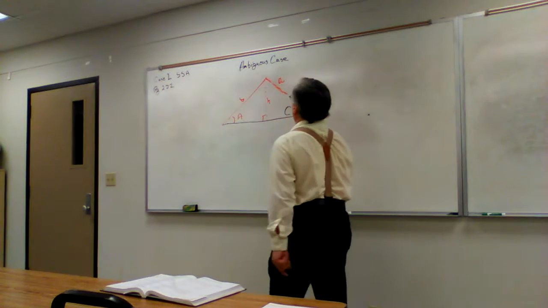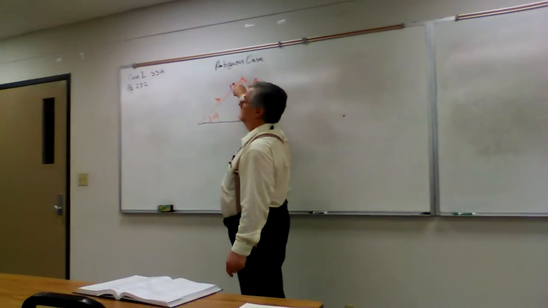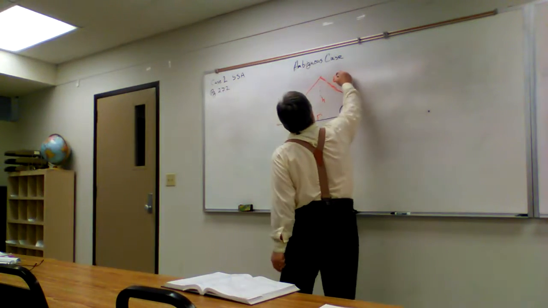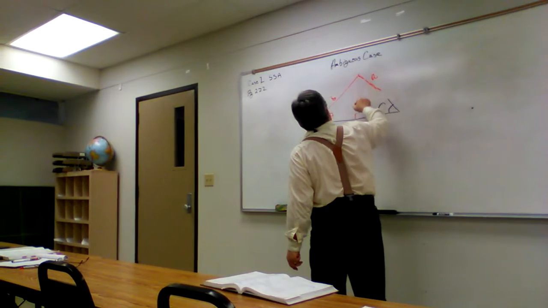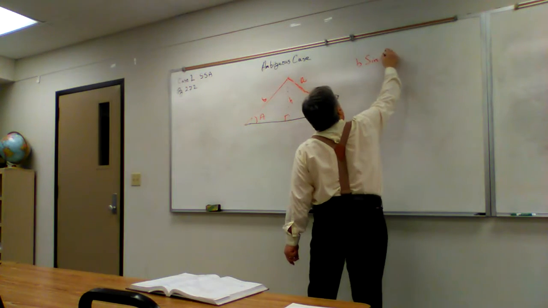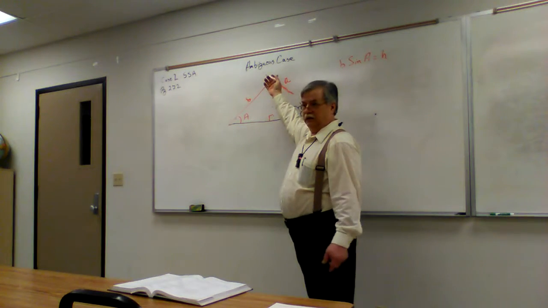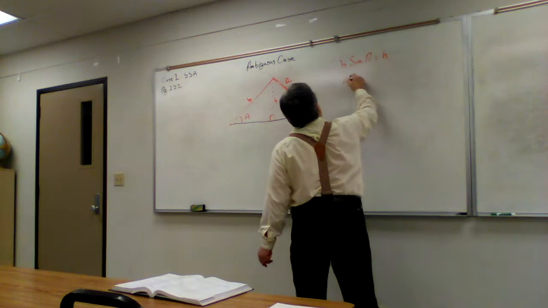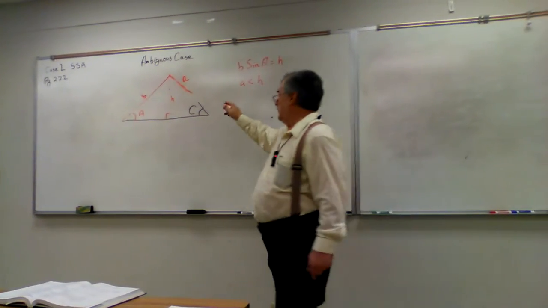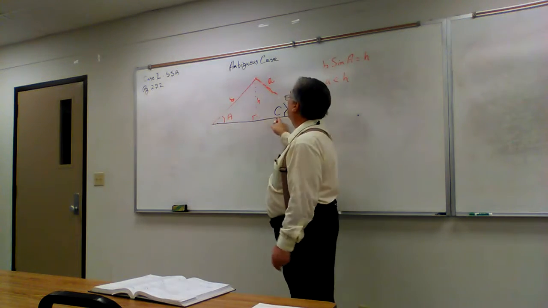Now, this is case 2, side-side-angle, where the angle is not included between them. And this is the one they call the ambiguous case. Start off with, we know that this height, h, is b times the sine of A. Well, you can just tell by looking at the picture, if a is less than h, if a is shorter than this height, then there is no angle that will allow it to reach this opposite side here.